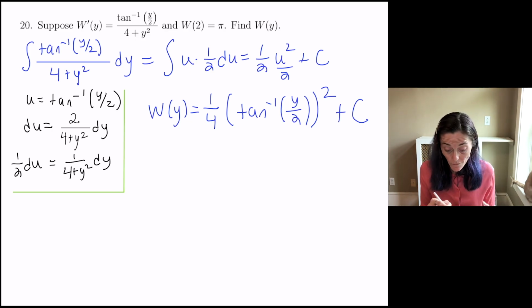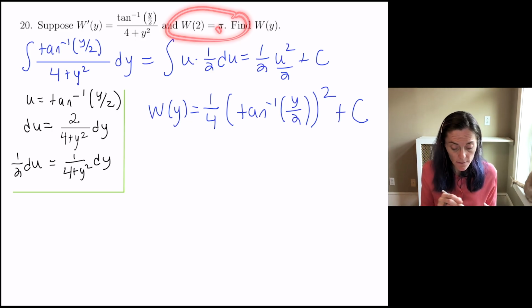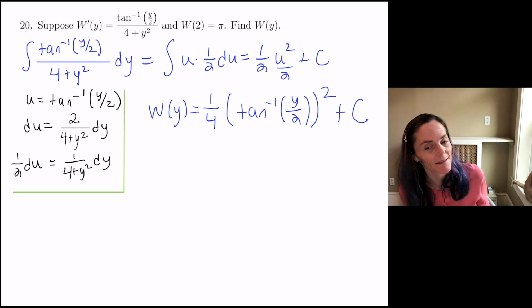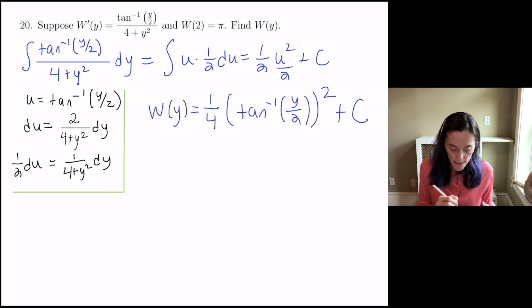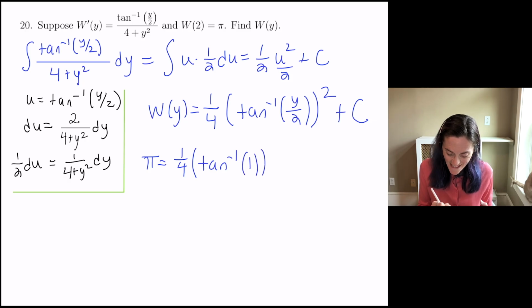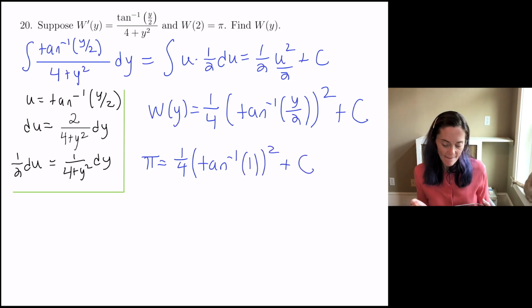So if I didn't have this, I'd be finished with the question. But now I need to use that w of 2 equals pi and solve for my constant. So we set pi here, and then we have 1 over 4 tan inverse of 1 squared plus c.